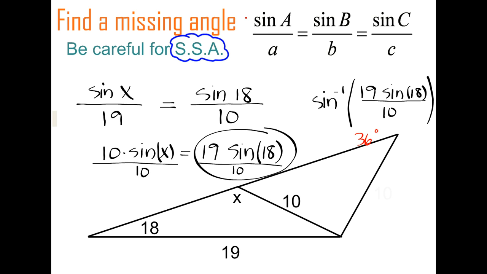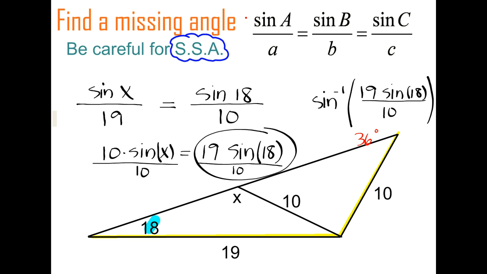I'm going to highlight it. That has the same angle, 18. It has the same 19 unit side that we had before, and it also has the same 10 unit side that we also had before.